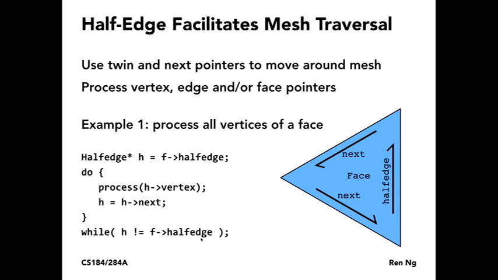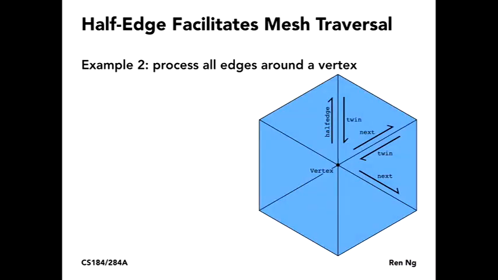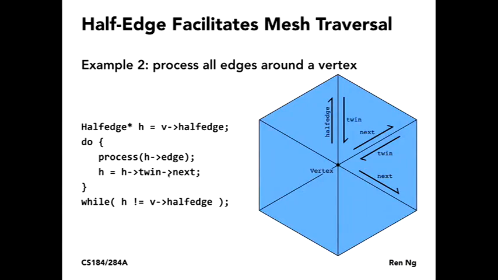Okay? Let's do a different example. Let's process all the edges around a vertex. So let's say I give you this vertex here, and I want to process each of the 6 edges that surround this vertex. So I give you V. Again, let's initialize a half edge H. And then what we'll do is we'll process the edge that this half edge points to. And then we want to get to the next edge. So if this is the half edge here, let's say in this case, we'll go clockwise, okay?